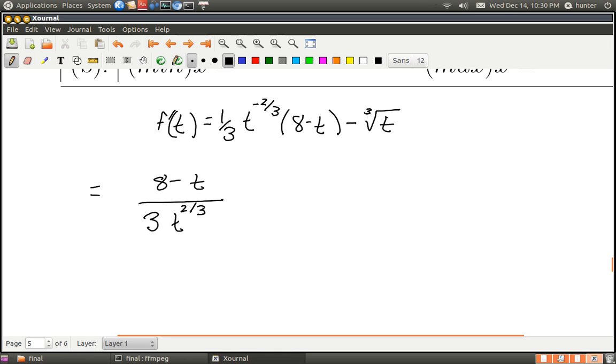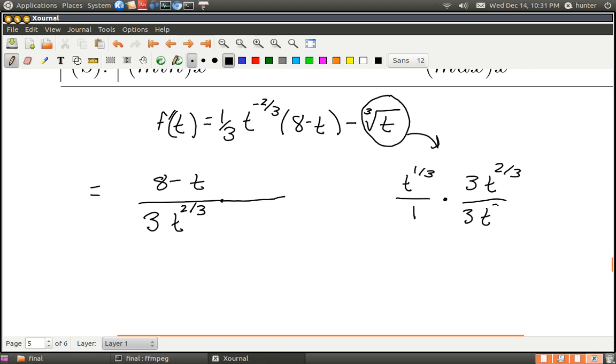And minus this thing. Okay, so this is just something over 1. Maybe I should just go ahead and put it over the common denominator, which is 3 times t to the 2/3. The cube root is the same thing as t to the 1/3, and that is over 1, right? So to put it over the common denominator, I multiply top and bottom by 3t to the 2/3.